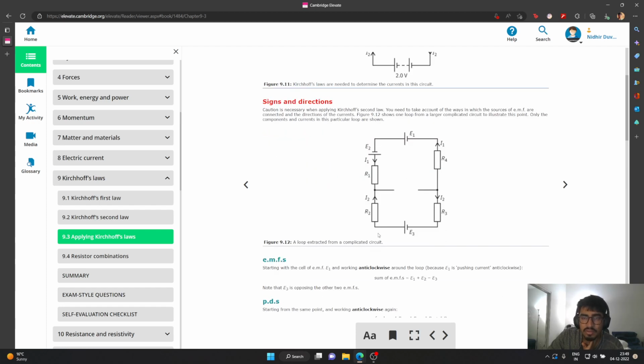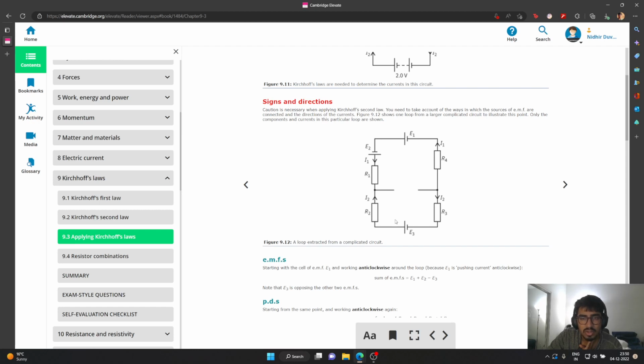So when we go in an anti-clockwise way, we see what's helping us and what's not helping us. This is helping, and what about this one? This is opposing, right? If you think about it as all going towards the big plate, it helps. So this guy helps, this guy helps, and then this guy, because of the small plate, opposes.